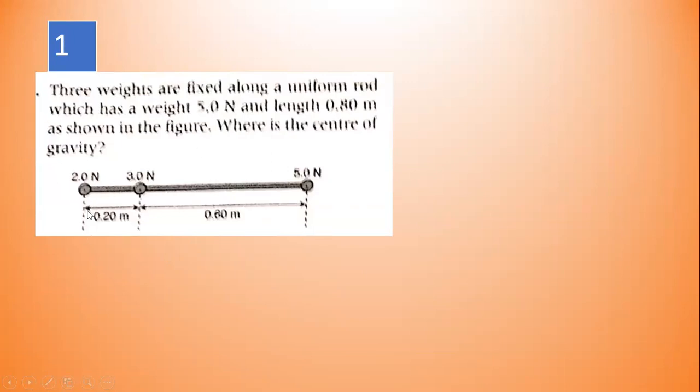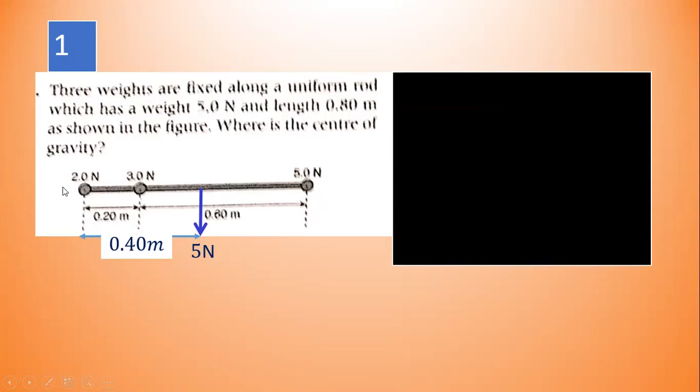It's up to us to choose. We can choose the origin here, and then remember the weight of the uniform rod acts at the center of gravity, at the midpoint, 5 Newton. That distance from the origin is 0.4 meter.